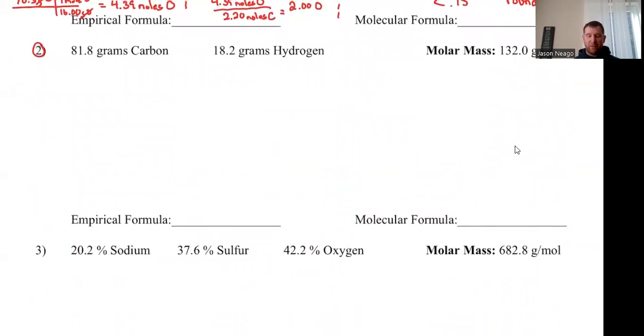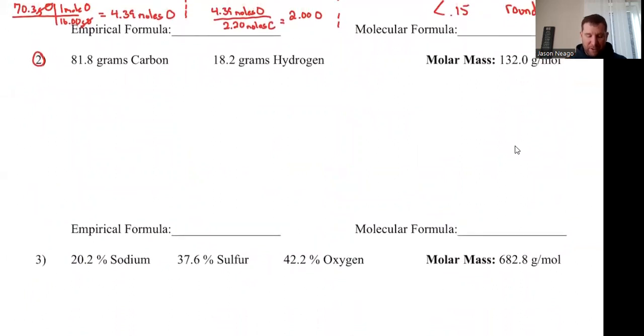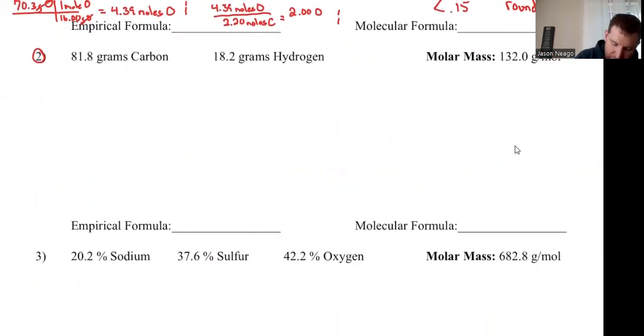In question number 2, all of my information is already in grams. So my conversion factors, we've already used these. 1 mole of carbon is equal to 12.01 grams of carbon. And 1 mole of hydrogen is equal to 1.01 grams of hydrogen.